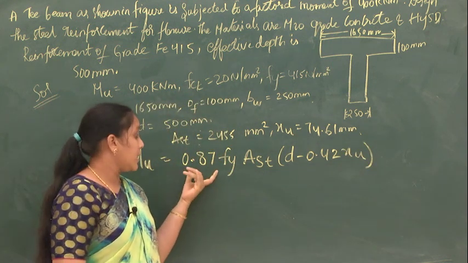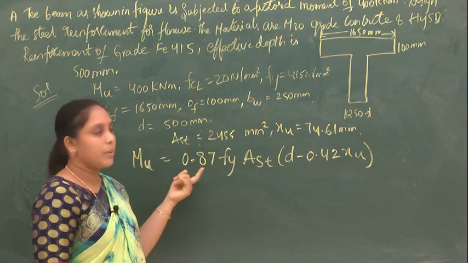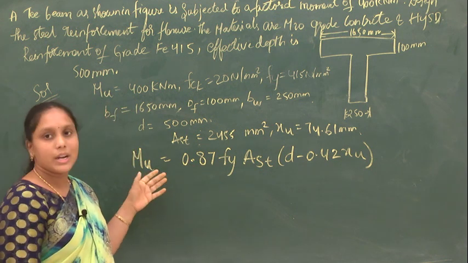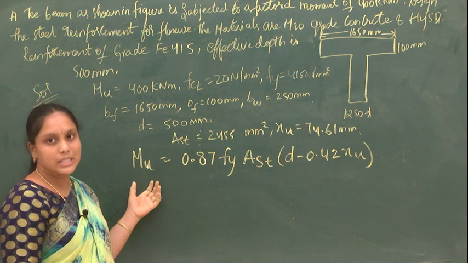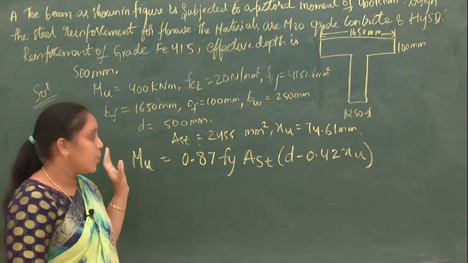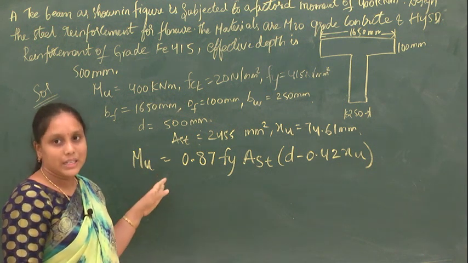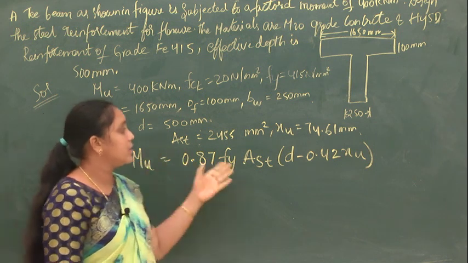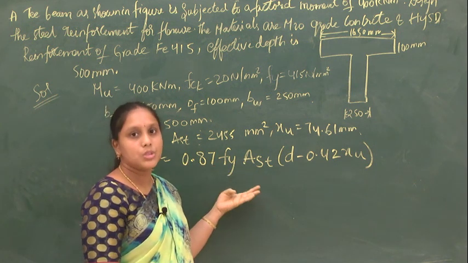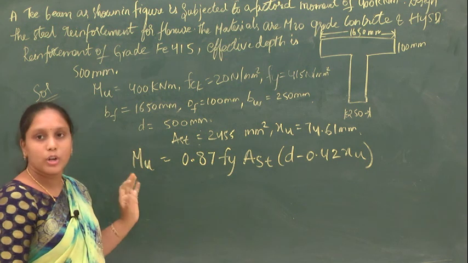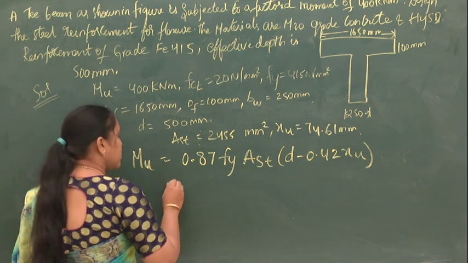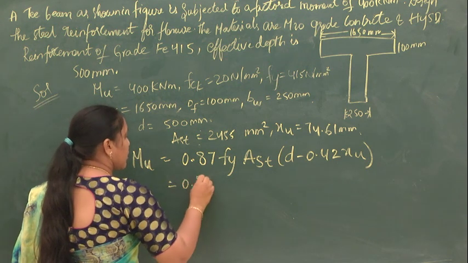So why are we taking this particular equation? Here what we are doing, we are considering, as the neutral axis is lying in the flanged portion, it as a rectangular beam, and the equation for the rectangular beam is used for calculating the moment of resistance. So substitute all the values here.